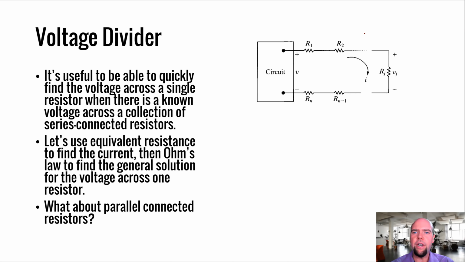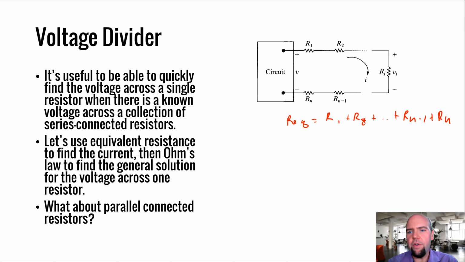So to jump right into the problem, we have a circuit up here that shows a known voltage across a collection of series resistors. We saw in the last video how to find the equivalent resistance of these resistors. So in this case, Req is going to be R1 plus R2, all the way to Rn.